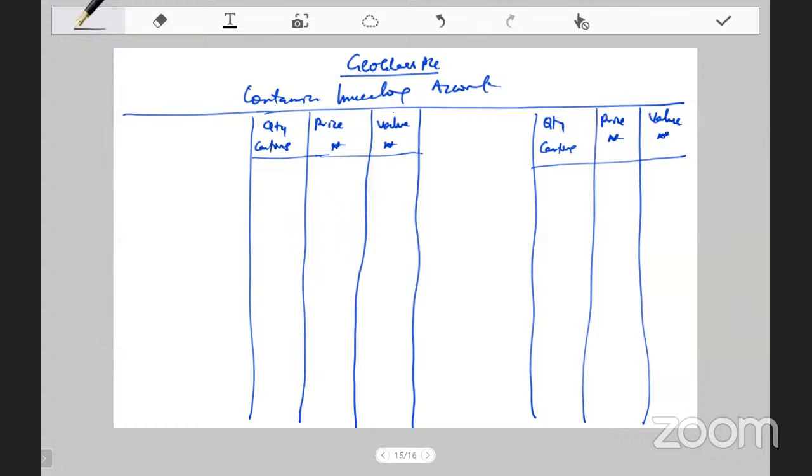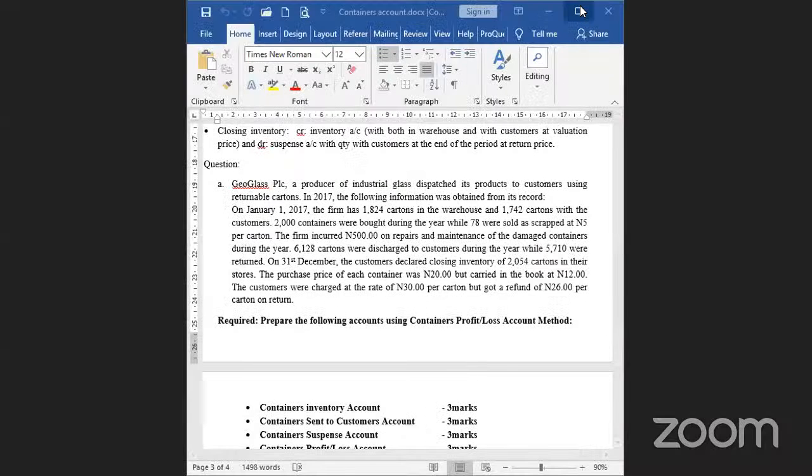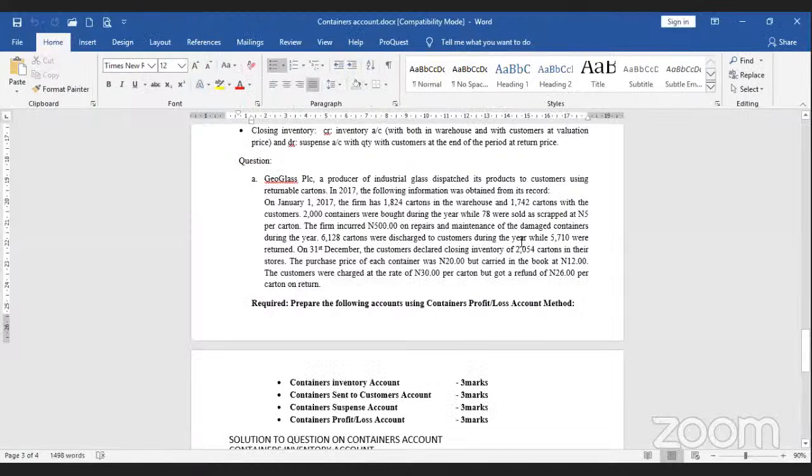Sir, please can you share the screen again? Because I can't find the question. What page is it? Okay, let me try to share the screen. I thought that you guys should have it. Okay, I'll share the screen. Let the person read.